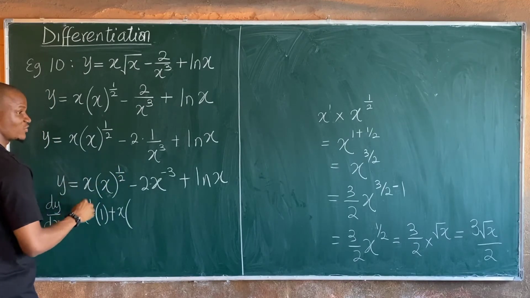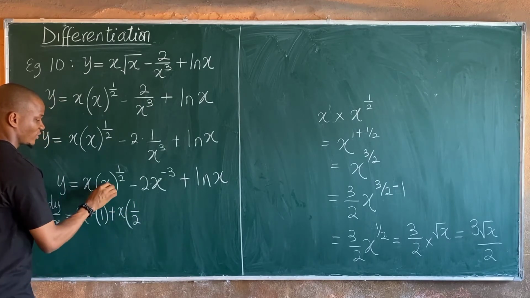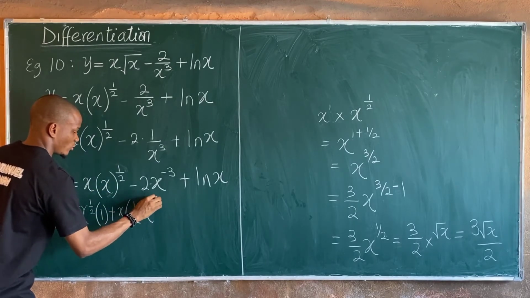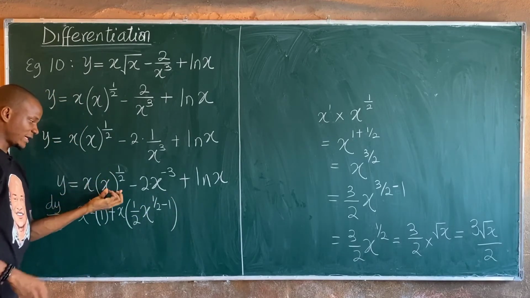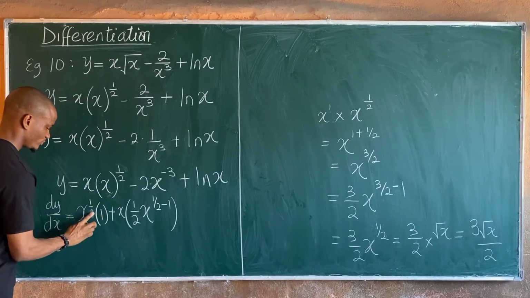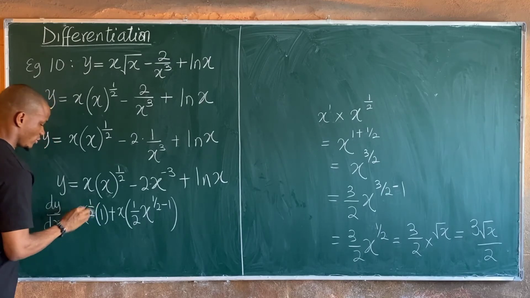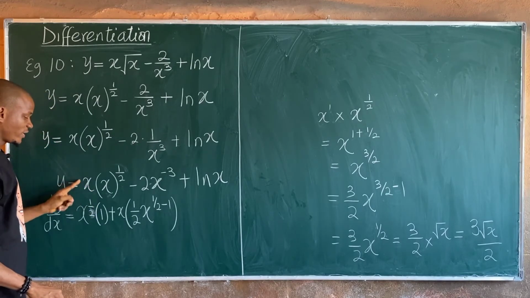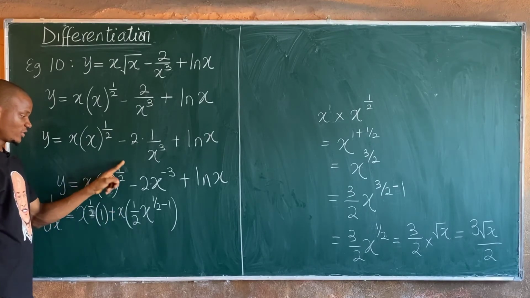If I differentiate this using the general method, my first task is to multiply by the index, then subtract 1, 1 over 2 minus 1. Alright, so v, that's x power 1 over 2, into du over dx, which is 1, plus u, that's this, into dv over dx.